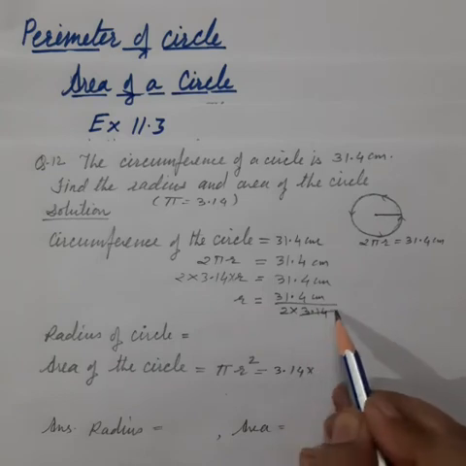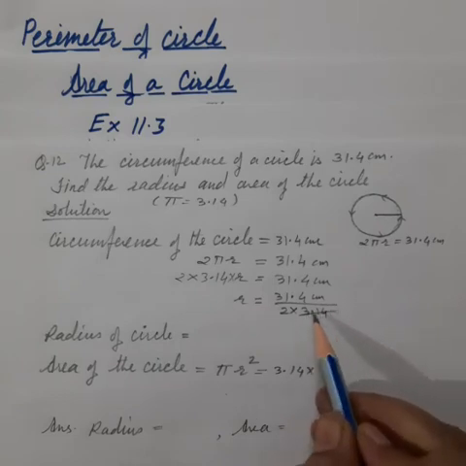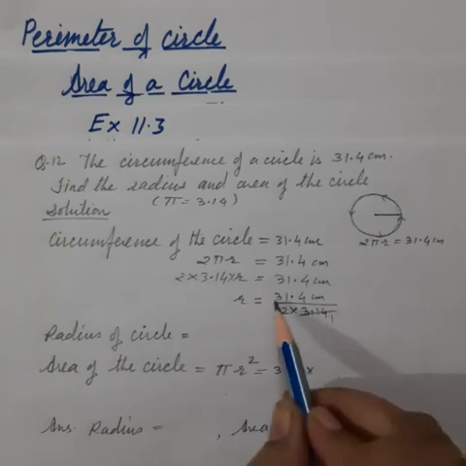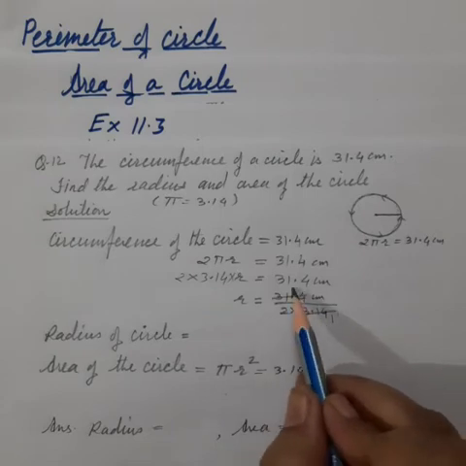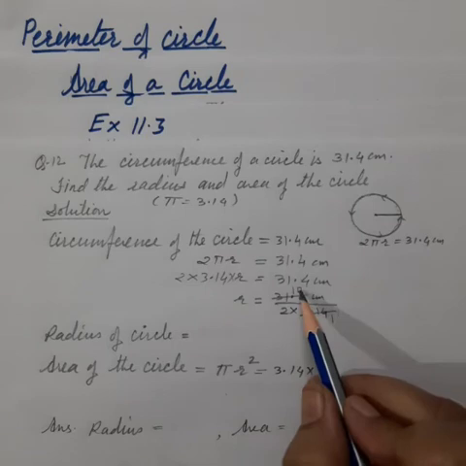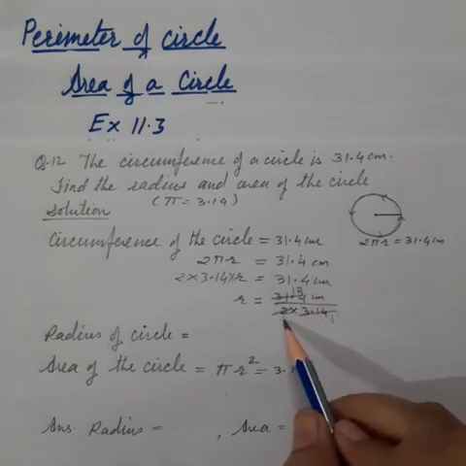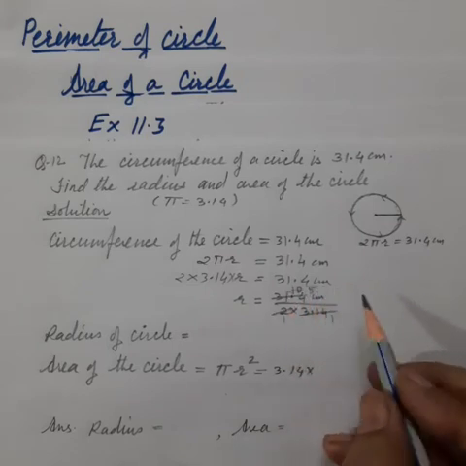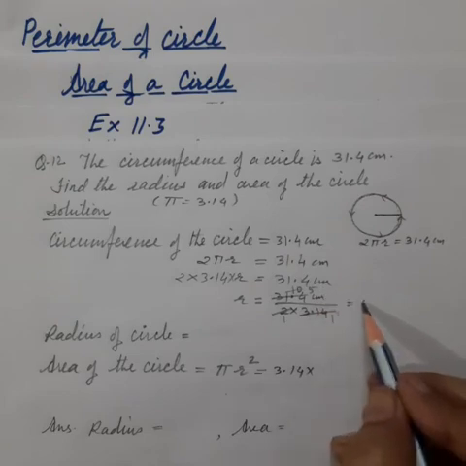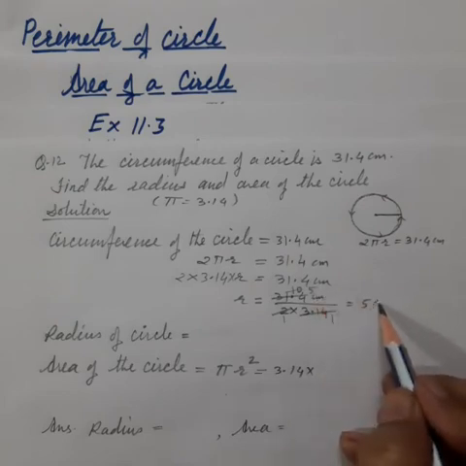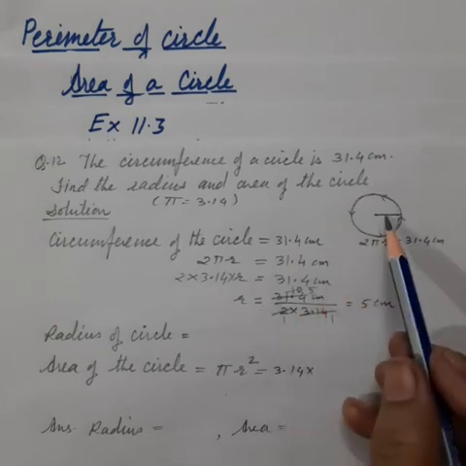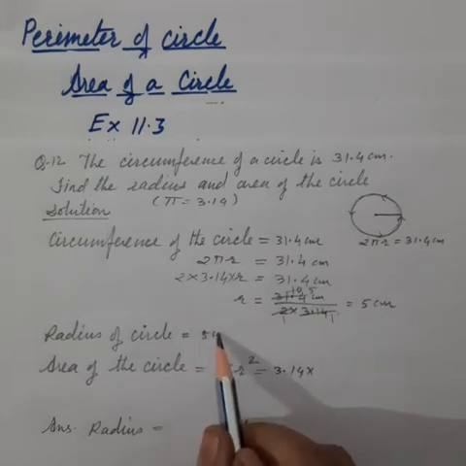So divide it. 3.14 ones are 3.14, and 3.14 tens are 31.4. Now this 10 we can divide by 2. 2 ones are 2, 2 fives are 10. In numerator 5 is left, and this is in centimeter. So the radius of the circle we get 5 centimeter.